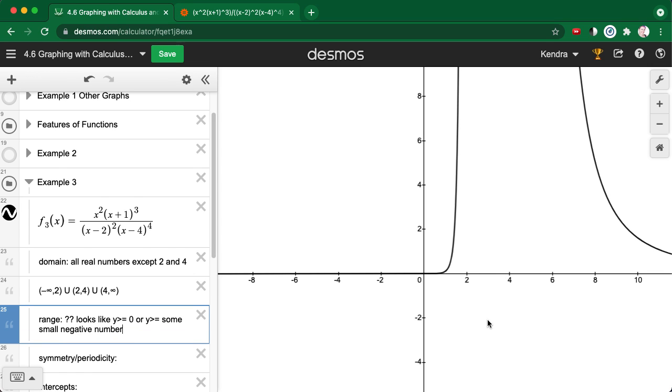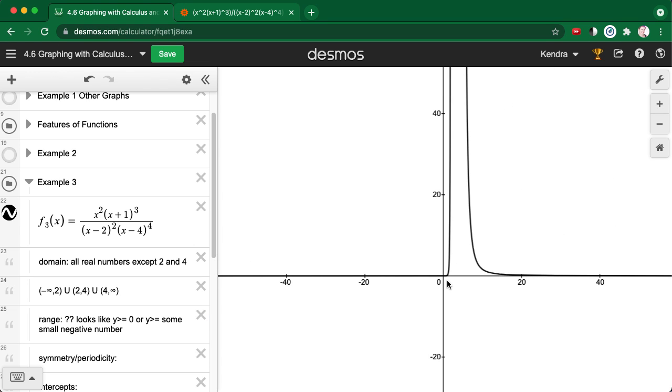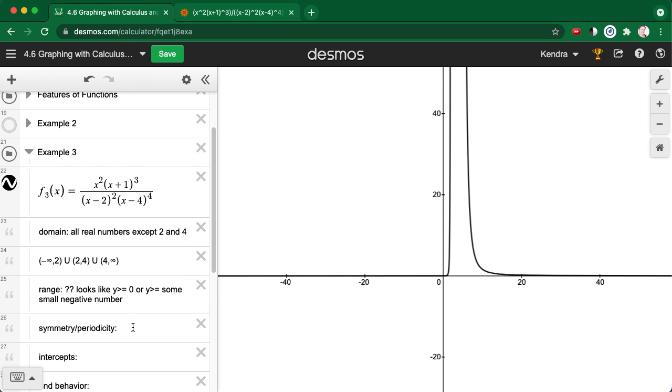Okay. Symmetry and periodicity. This one's pretty easy. There's no periodicity, we don't have any trig functions in here. And for the symmetry, it doesn't look like we have any.